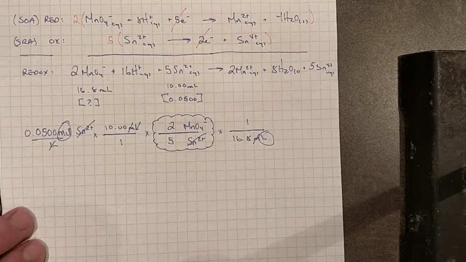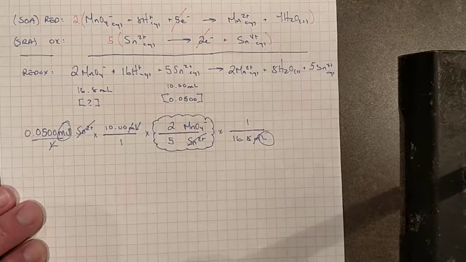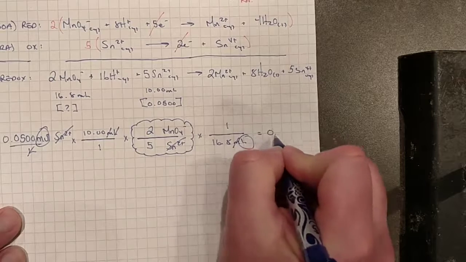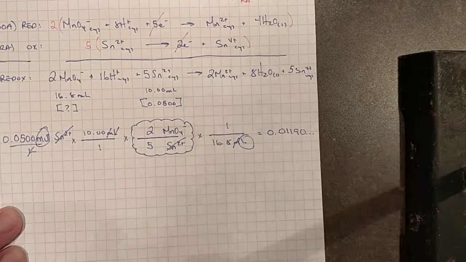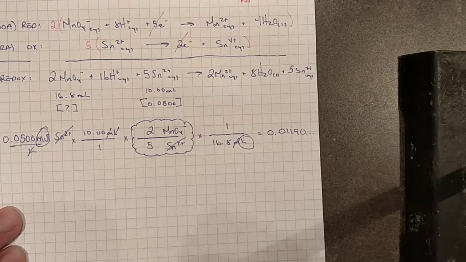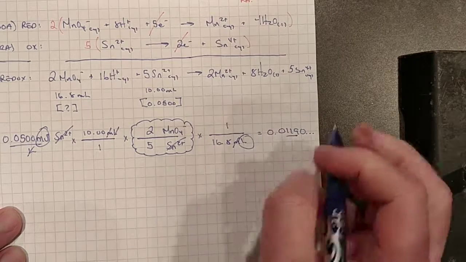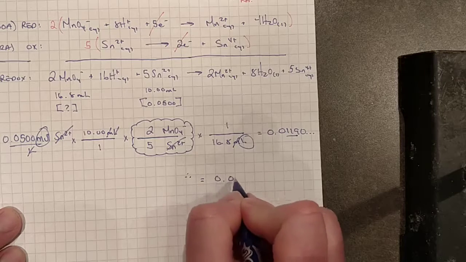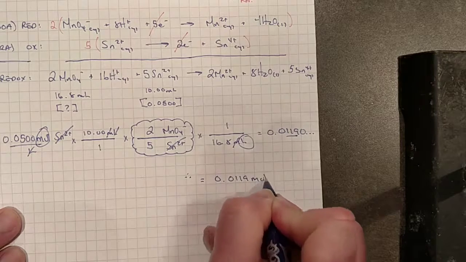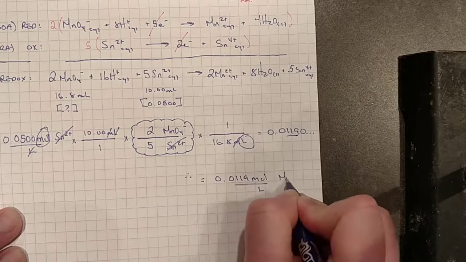Run this through your calculator, and we get 0.01190, and this would be in moles per liter. There's your 3 digits, and so this would equal 0.0119 moles per liter of your permanganate solution.